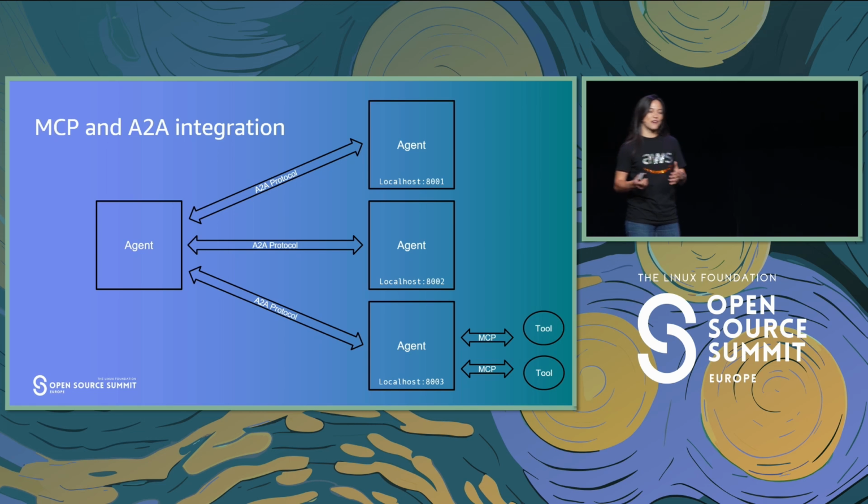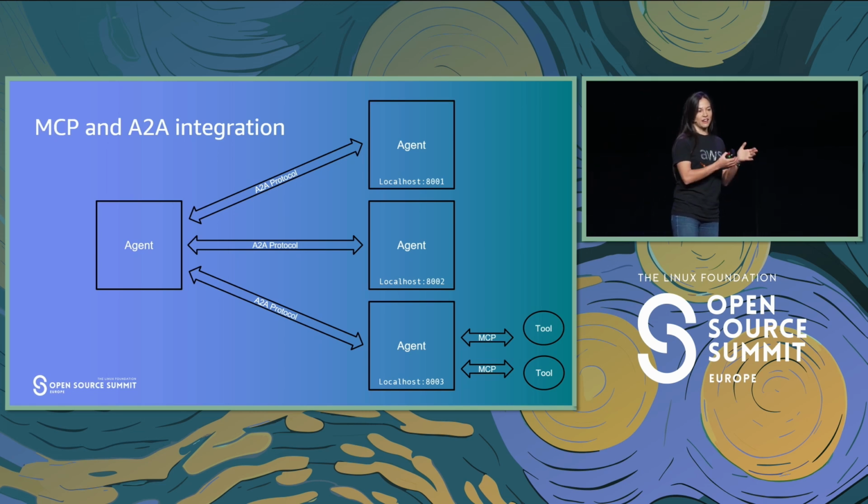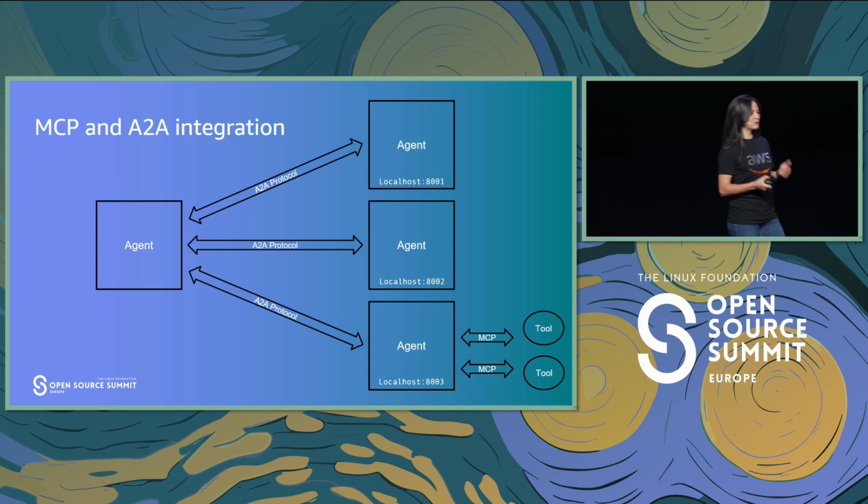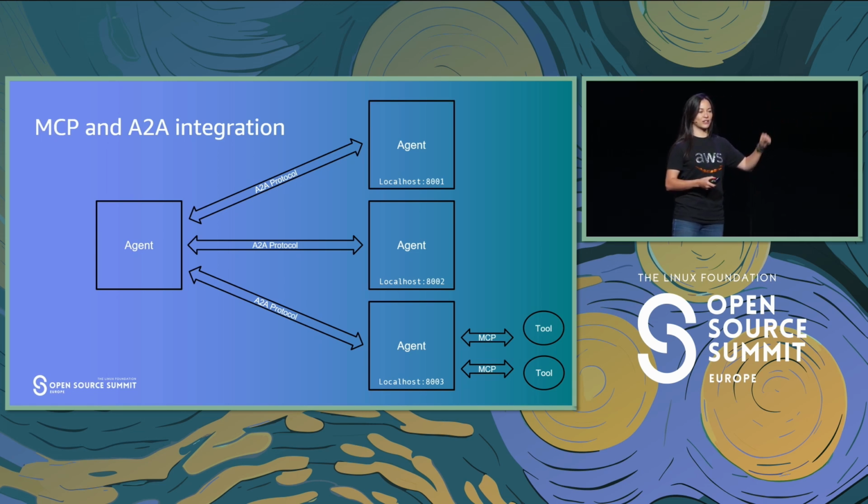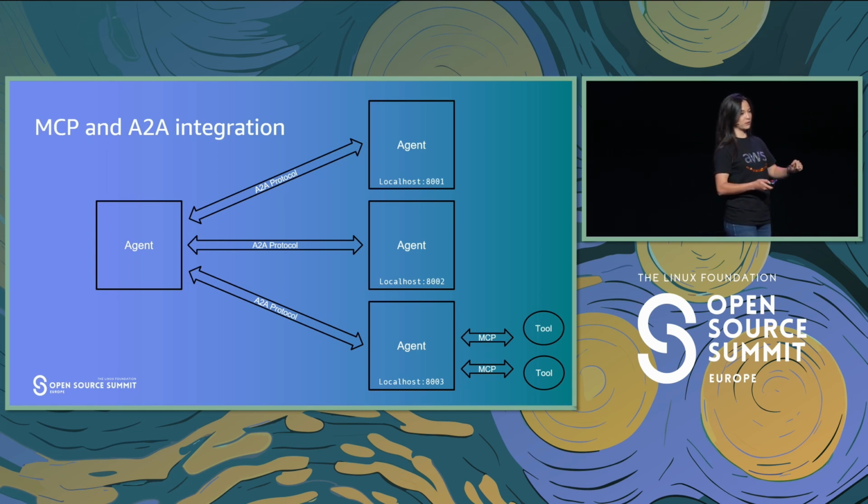We also have support for MCP and A2A in Strands, which allowed me to very quickly build a demo involving different agents connecting to each other through the A2A protocol, and one agent being connected to tools with the MCP protocol. I'll show you later.